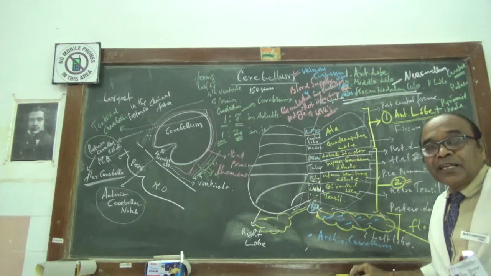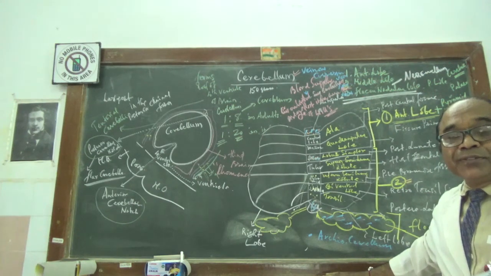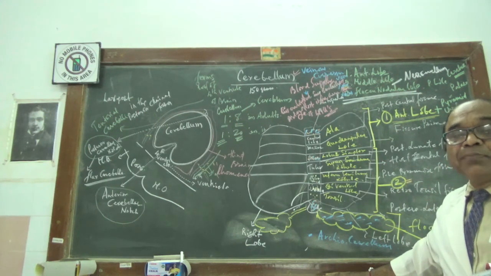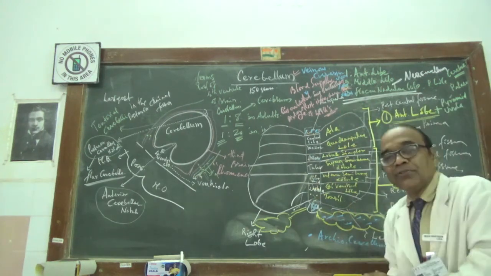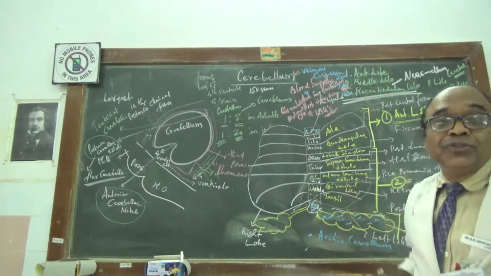They will pour into the transverse sinus and then into the sigmoid sinus, and part of it will pour into the superior, inferior, anterior ones. So venous drainage is over.